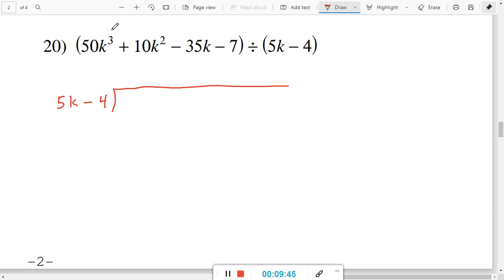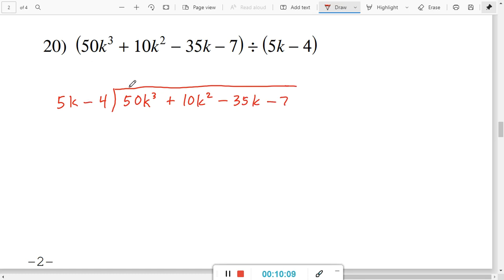Okay, it's already written in order. K to the third, k squared, k, and no variable. So 50k to the third plus 10k squared minus 35k minus 7.